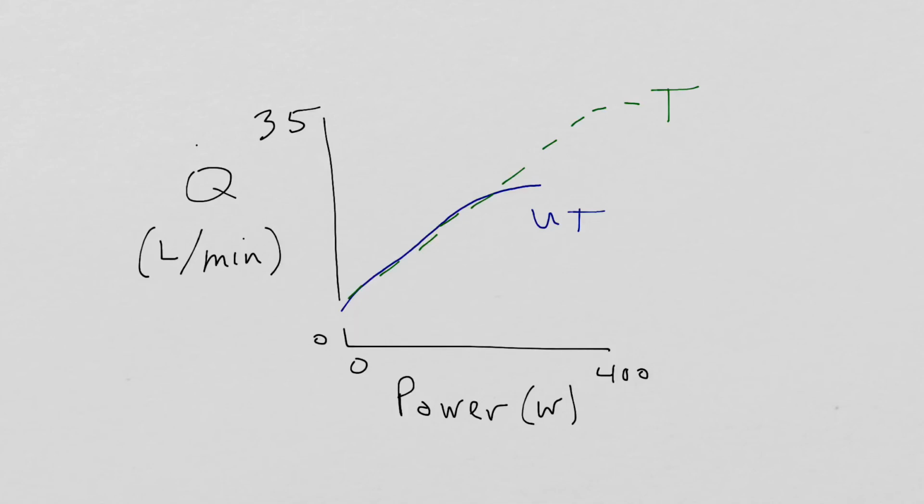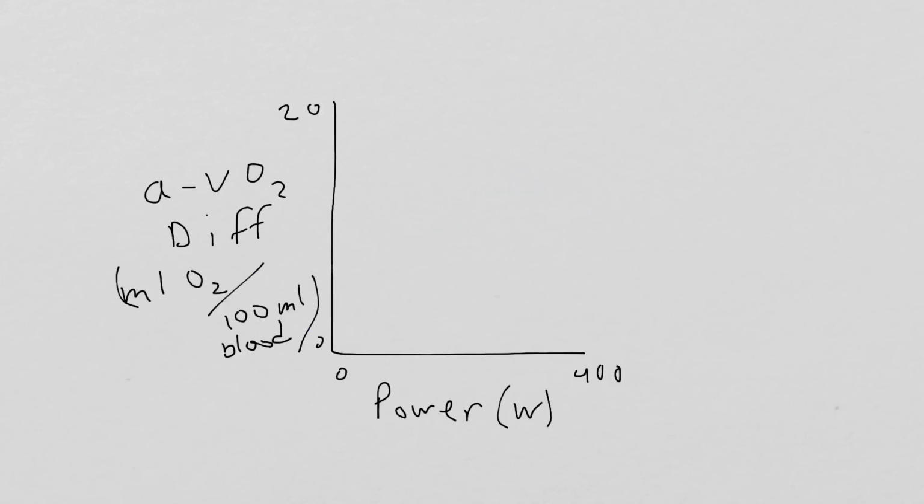Finally, let's take a look at one last cardiovascular variable, and that will be AVO2 difference, or the oxygen extraction at the tissues. This is also going to look a lot like cardiac output. So at rest, we know AVO2 difference is about 5 milliliters of O2 per 100 milliliters of blood, and an untrained person might reach up to about 15 or so, and so it might look something like this.